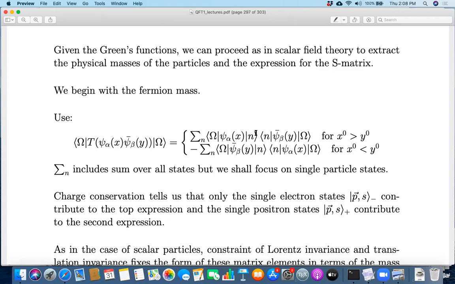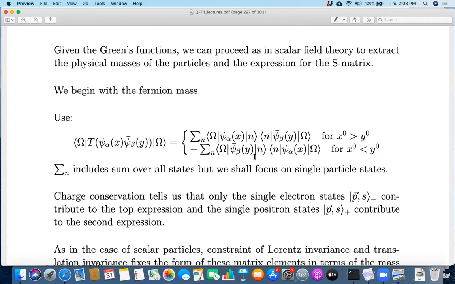And that means that for the single particle state, it should be a state of a single electron, ignoring the possibility of bound states. This is only a perturbative statement. Similarly here, in the second expression, psi bar beta has an annihilation operator for the positron and a creation operator for the electron.